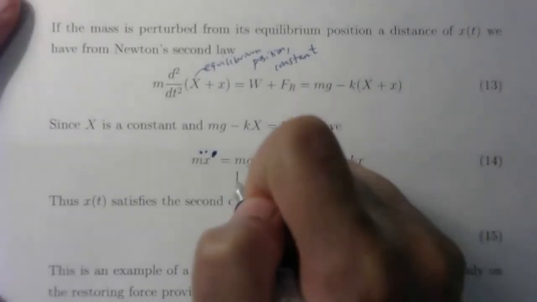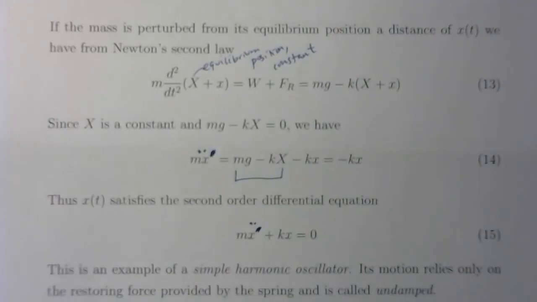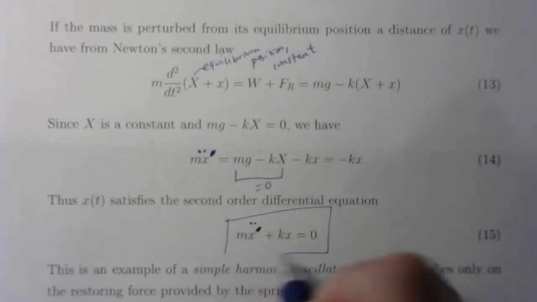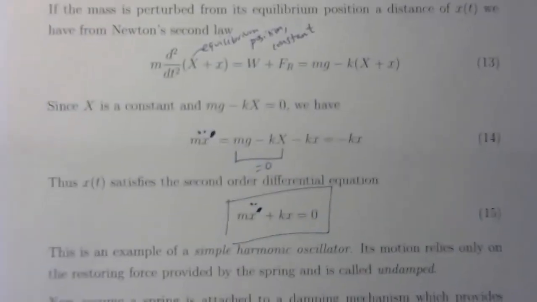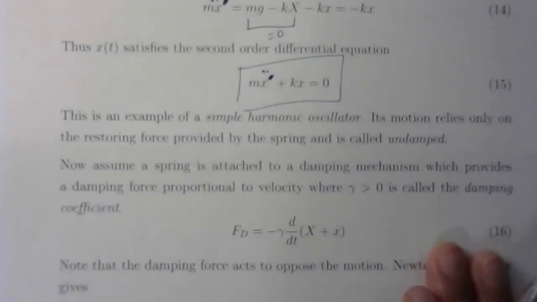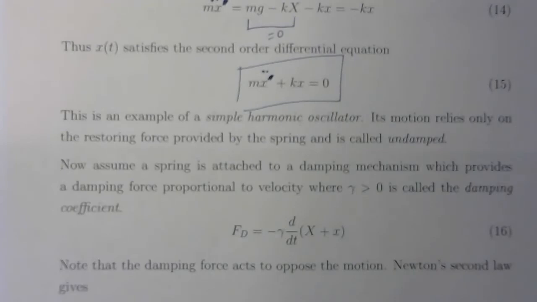But we know from the equilibrium that mg minus kX equals 0. So really, the equation I get is m x double dot is equal to minus kx, or in this much more notorious form, m x double dot plus kx is equal to 0. This is a really famous equation. This is called the equation of motion for a simple harmonic oscillator.